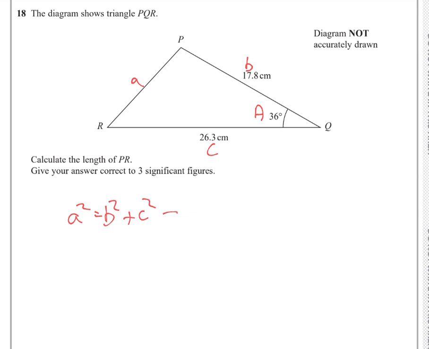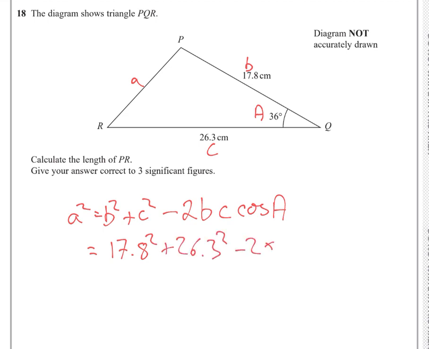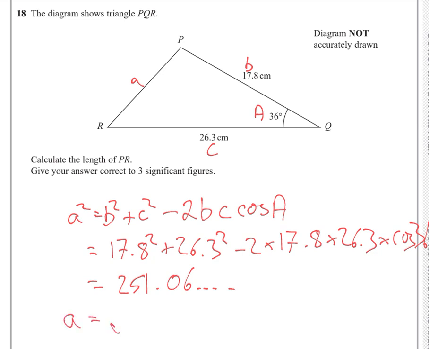But it's not right angle, so it's minus 2bc cos A. Sub it in: 17.8 squared plus 26.3 squared minus 2 times 17.8 times 26.3 times cos of 36. Work all that out. You get 251.06 something. So a is the square root of that.